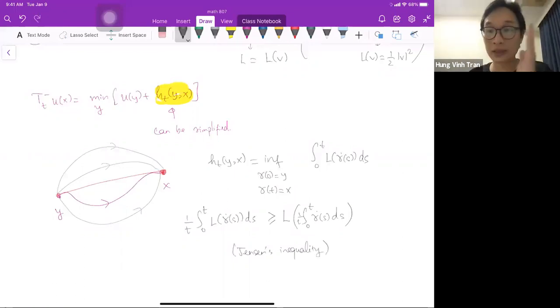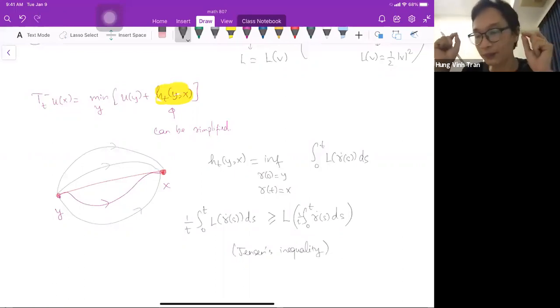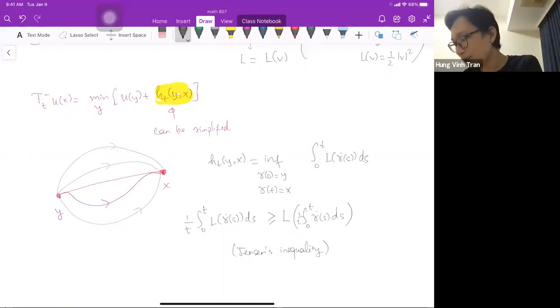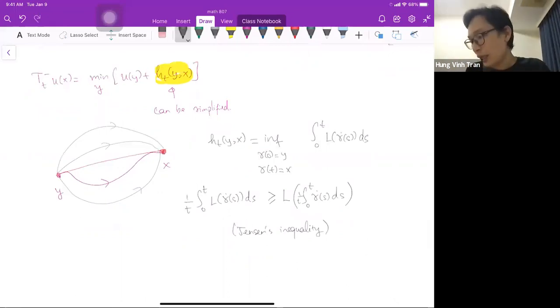So this is actually the actual proof of why in Euclidean geometry the straight line is of smallest distance. The rigorous proof, actually. And that's pretty much it.